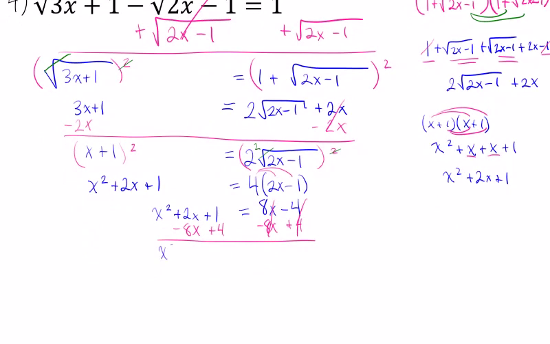So we get x squared minus 6x plus 5 equals 0. And so we want to find numbers we can multiply to get 5, right? That we can add to get 6. So of course those are 5 and 1.